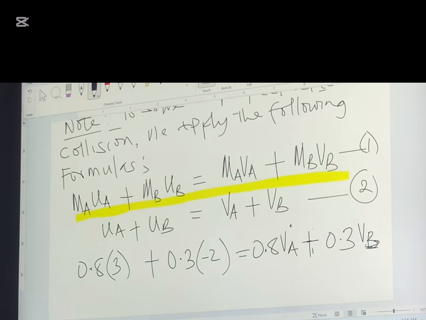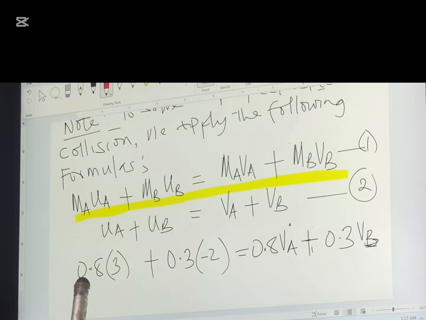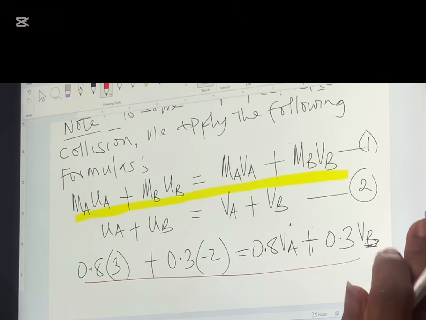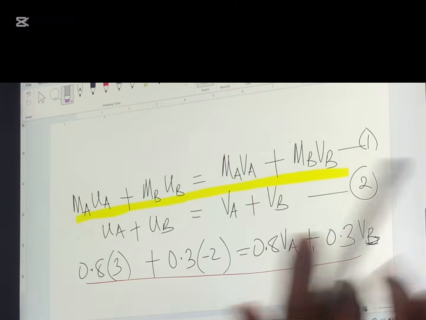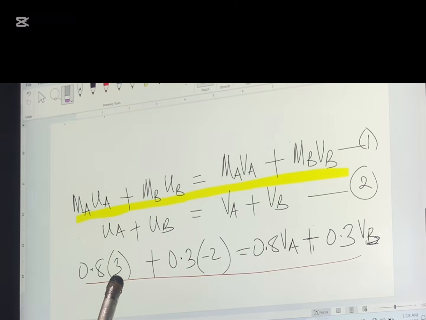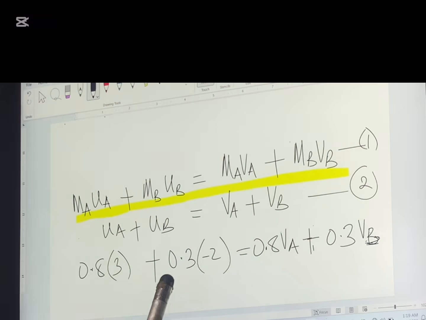So let's simplify this one here. When you simplify this, 0.8 times 3 will give us 2.4, while 0.3 times minus 2 will give us minus 0.6, okay?